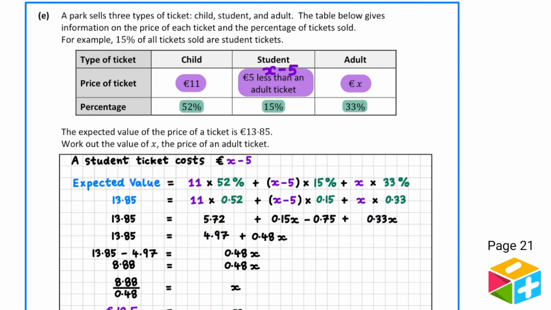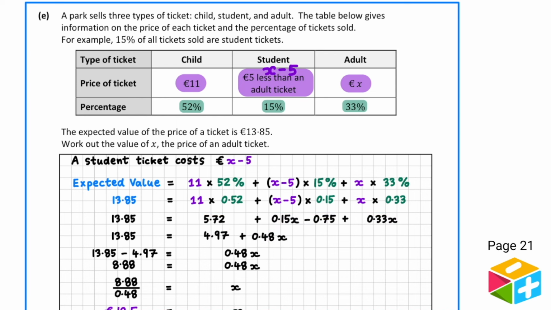From here, we can combine the number terms and the x terms on the right-hand side. 5.72 minus 0.75 comes out as 4.97. 0.15x plus 0.33x comes out as 0.48x.